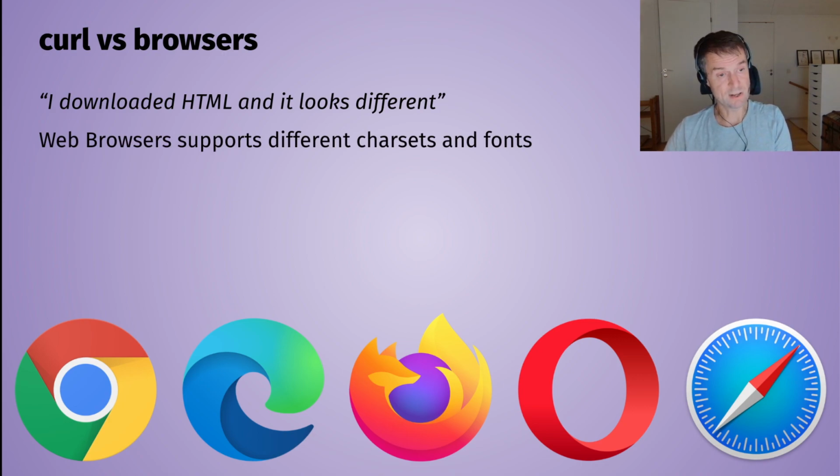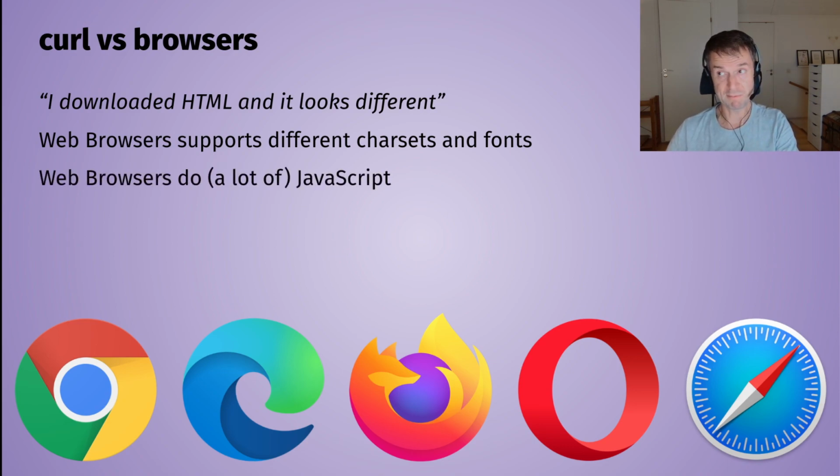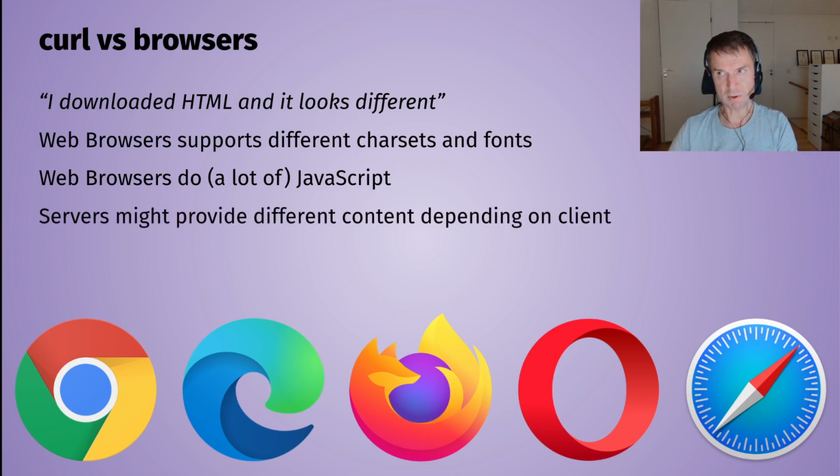So there's always a risk, or an opportunity, to get different things depending on curl and browsers. And then of course browsers and the web today use a lot of JavaScript, and curl doesn't do JavaScript. So if you download something that has JavaScript in it, all bets are off, and things are going to go completely different ways in the browser compared to the curl request getting the same URL.